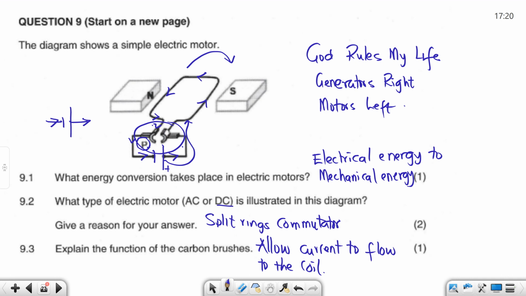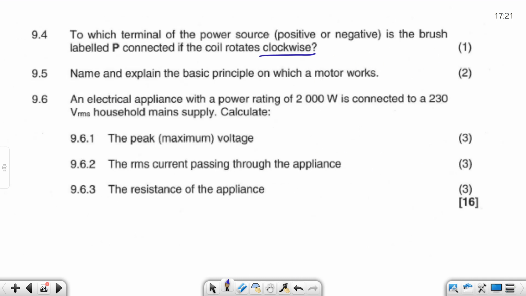All right, guys, I hope it makes sense. We'll try to find more questions. It's 1 mark and something you must quickly get and move. Generators right, motors left. We'll find more questions to test that. What's our answer? Negative. Done. I'll find a question that we need to quickly do on our own.